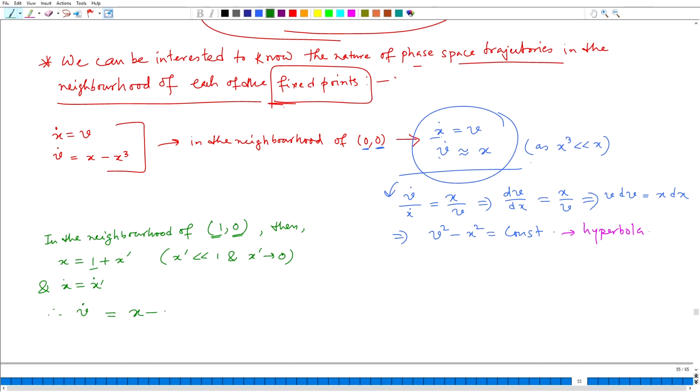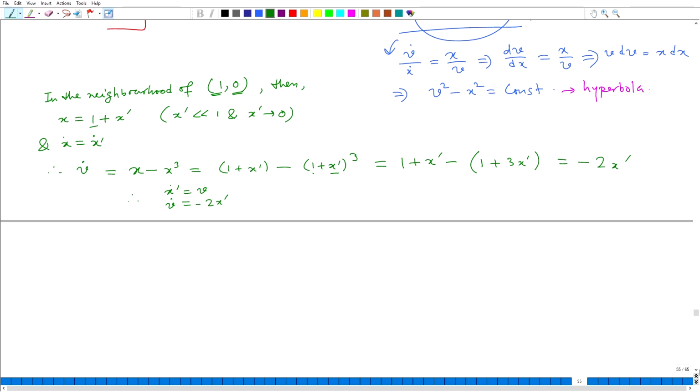Okay. So, what will be v dot? V dot will be x minus x cube, which is now given by 1 plus x prime minus 1 plus x prime whole cube, and this x prime is very small with respect to 1. So, I can now do the expansion and I can have minus 1 plus 3 x prime, which is finally giving me minus 2 x prime. So, the set of equations is x dot, which is x prime dot, equal to v, and v dot is equal to minus 2 x prime.